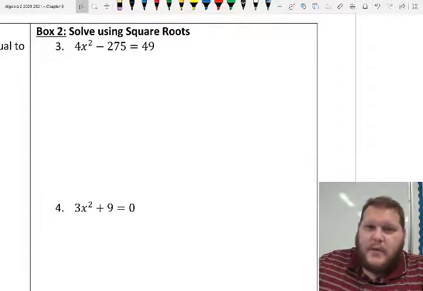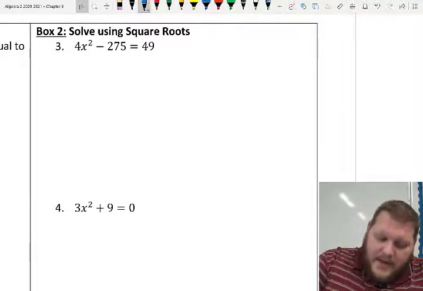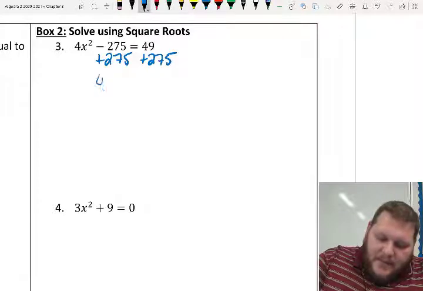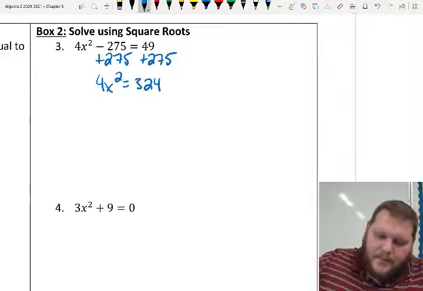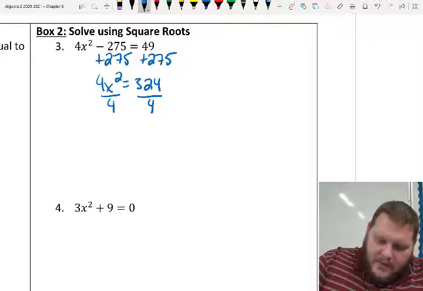To solve using square roots, we're just going to get our x squared by itself. So to do that here, I'm going to start by adding 275 on both sides. That gives me 4x squared equals 324. Then to get my x squared by itself, divide by 4 on both sides.